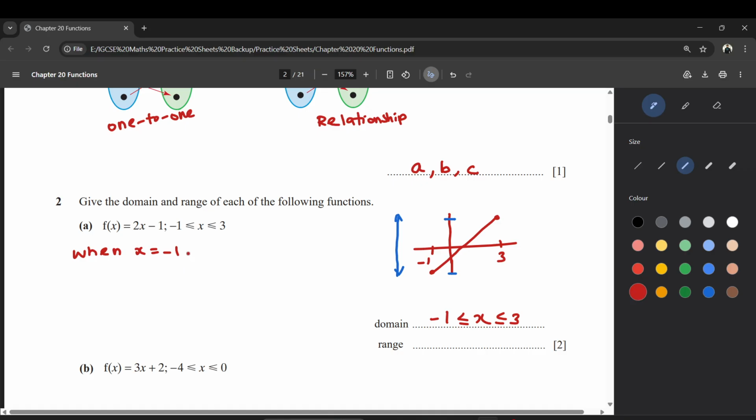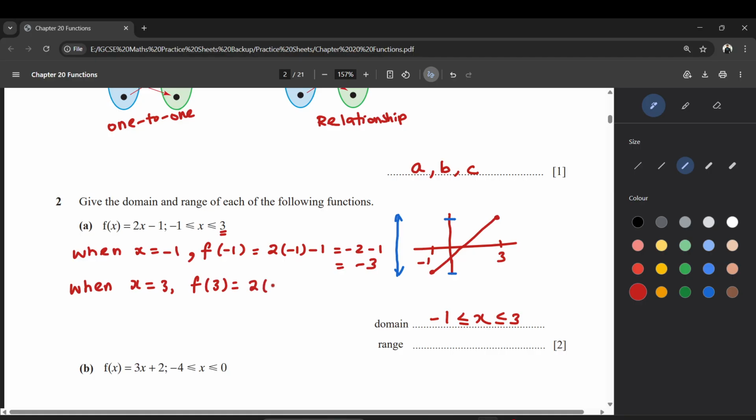So therefore, when x is equal to minus 1, I'm going to write down f of minus 1. So instead of x, now I'm going to plug in the value of minus 1. So f of minus 1 will be 2 times minus 1, which is minus 2, minus 1, which is going to be minus 3. Okay, that is the first one. Then I'm going to take the second value, which is x equals 3, and work out what is f of 3.